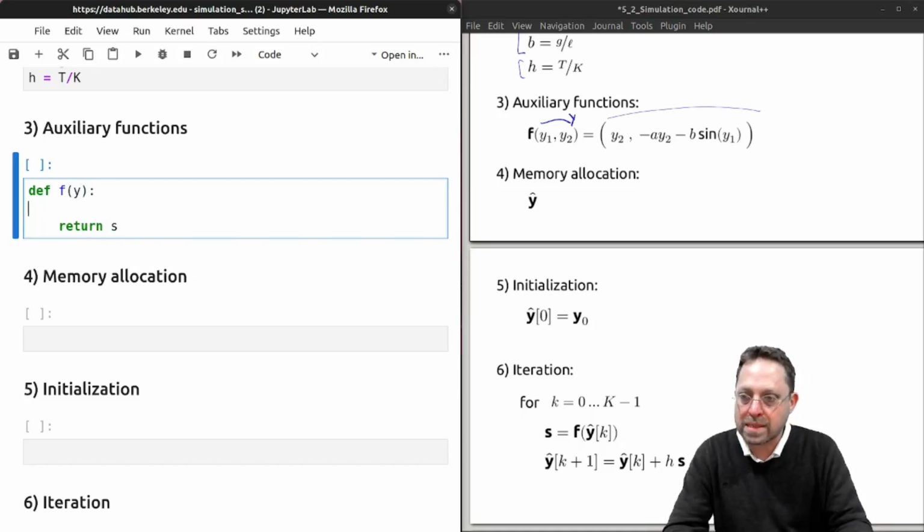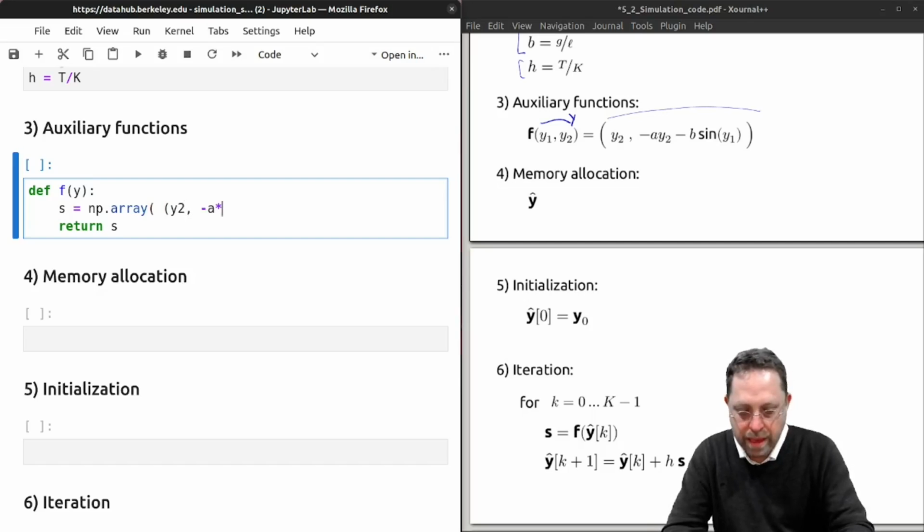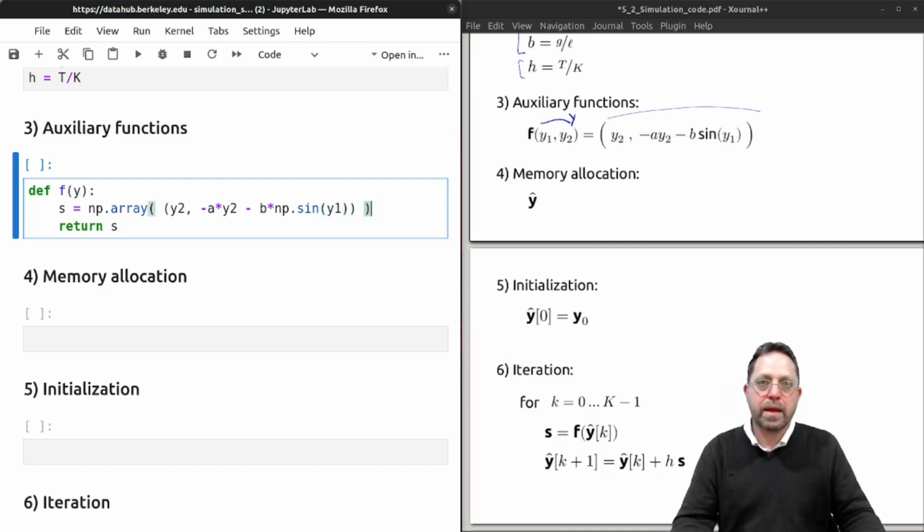Let's just call it s, as we've done before. And s is going to be a NumPy array with 2 elements. So the first one is y2, and the second one is negative a times y2 minus b times the sine of y1. Close the tuple, close the array.